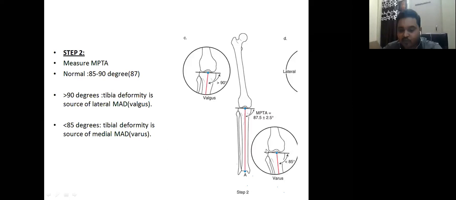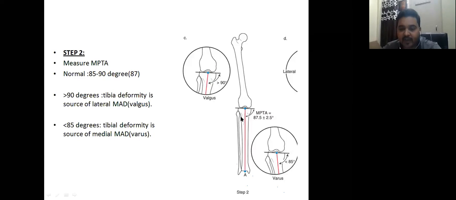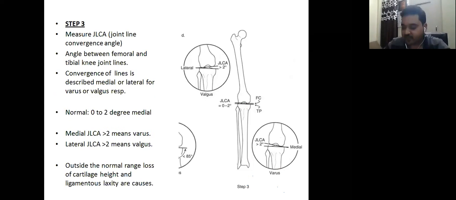Okay, so we have first seen whether the mechanical axis is going into varus or valgus. Then we have seen whether the femur is contributing to the deformity, and next whether the tibia is contributing. The last step in the mechanical axis deviation test is to measure the joint line convergence angle.